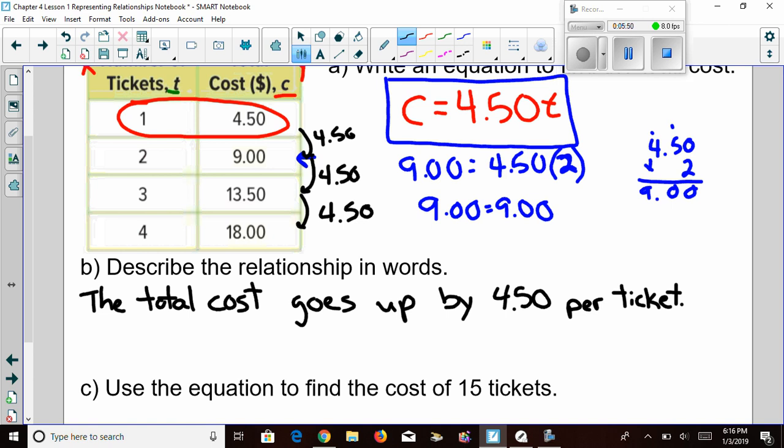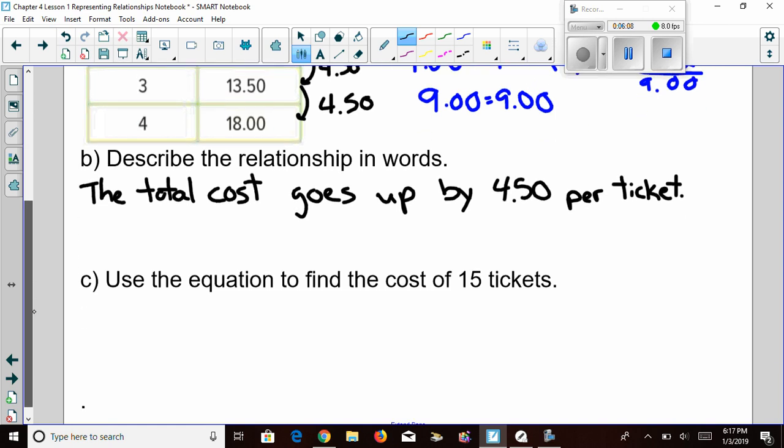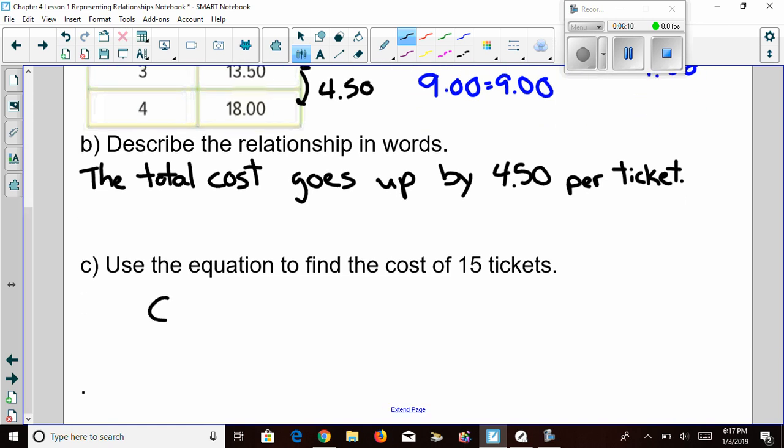Now let's extend our thinking. Our table stops at 4. What I'm going to ask is that you use the equation to find the cost of 15 tickets. Well, let's think about how we could do that. When I have my equation, which was C equals 4.50 times T, we're now going to say that T, the number of tickets, is 15.